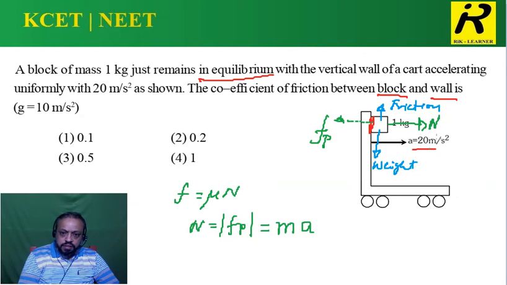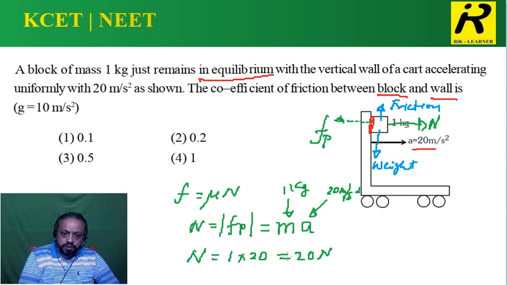But we are simply using the magnitude, 20 meter per square second, for this term A. And what is this M? This is 1 kg, right? And this A is 20 meter per square second, which is given in the question itself. Therefore, what can I write for N? N is simply 1 into 20 Newton, which is 20 Newton.